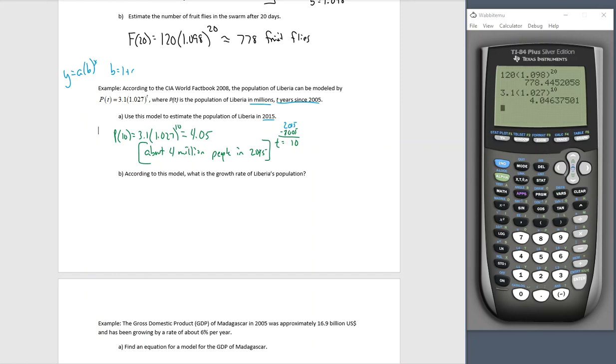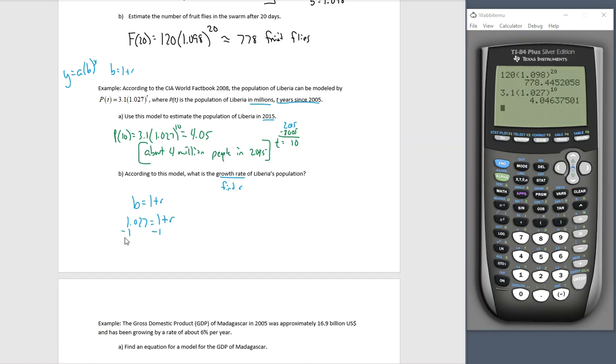According to this model, what is the growth rate of Liberia's population? What is the growth rate? That's telling me to find R. Well, I know that b equals 1 plus r. I know that my b is 1.027.